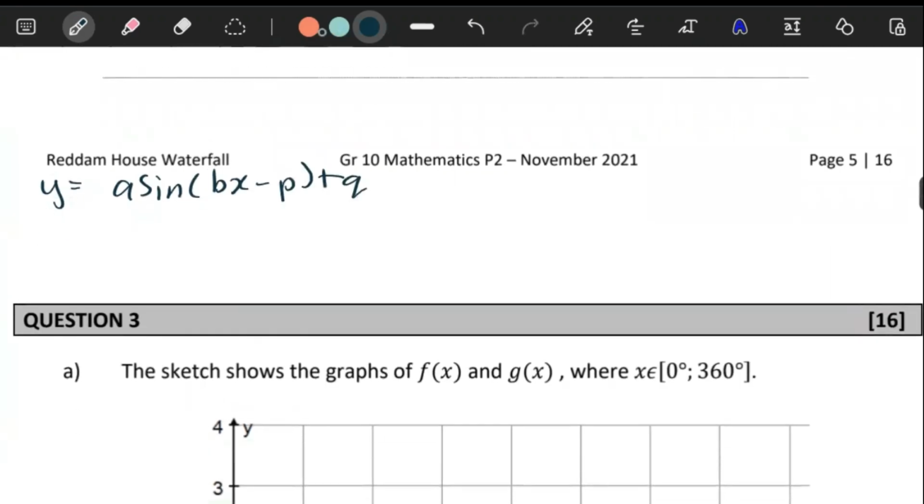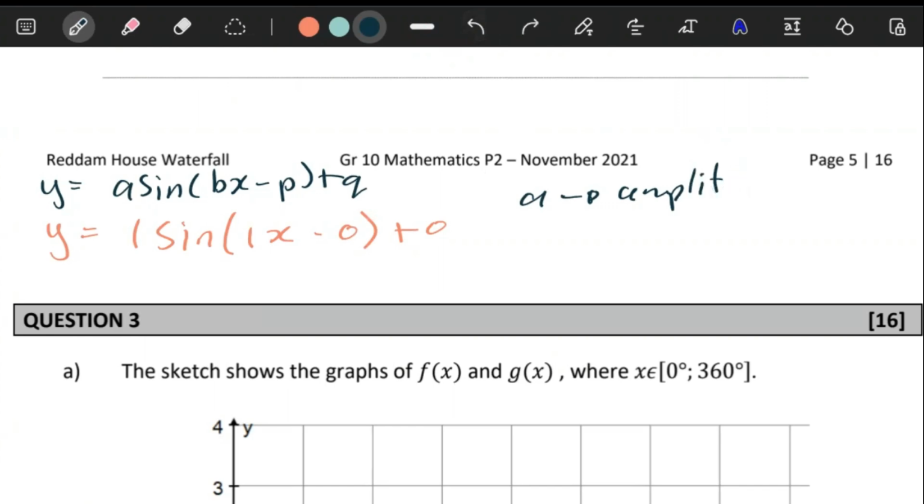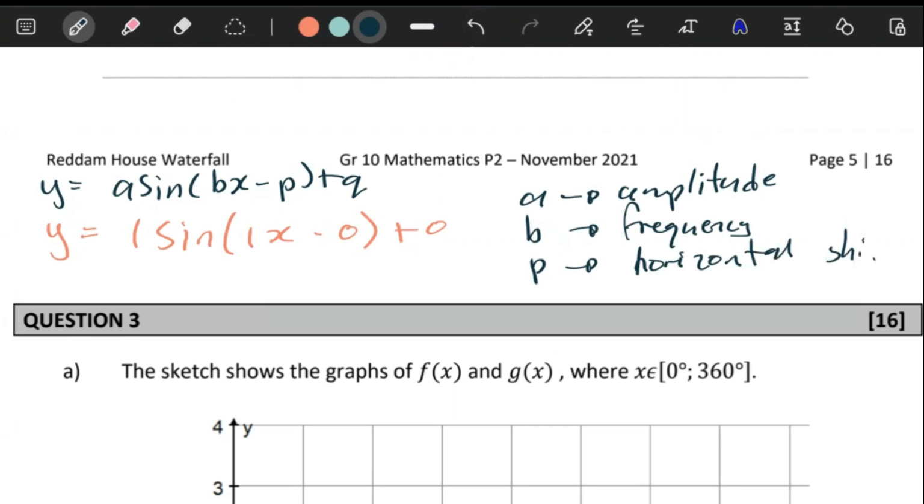A standard sine graph has 1 sine 1x minus 0 plus 0. A is the amplitude, B is the frequency, P is the horizontal shift, and Q is the vertical shift.